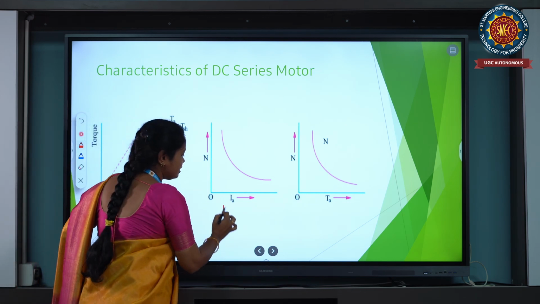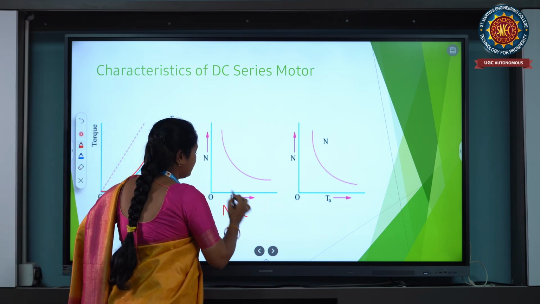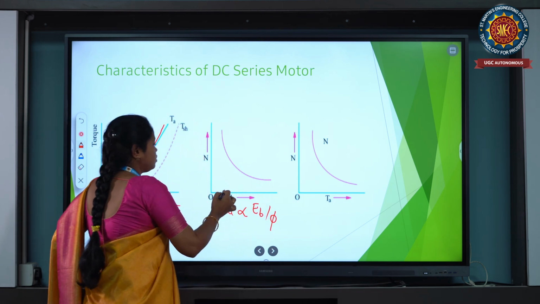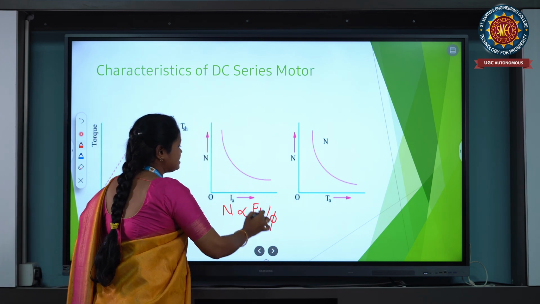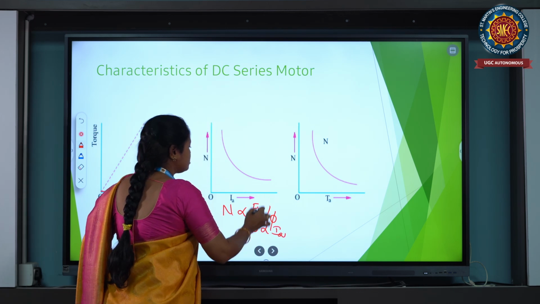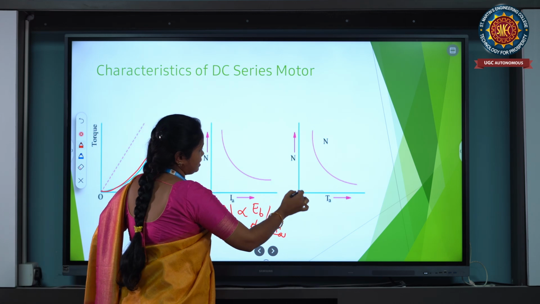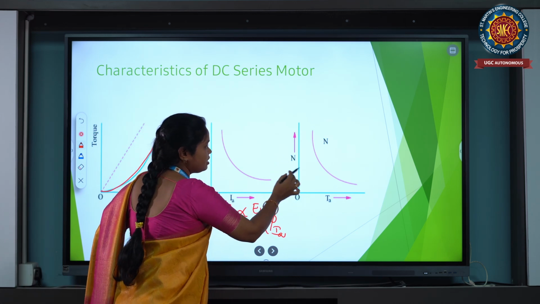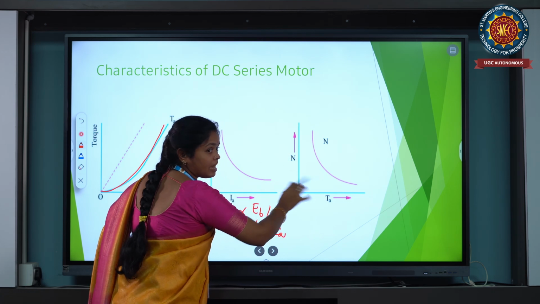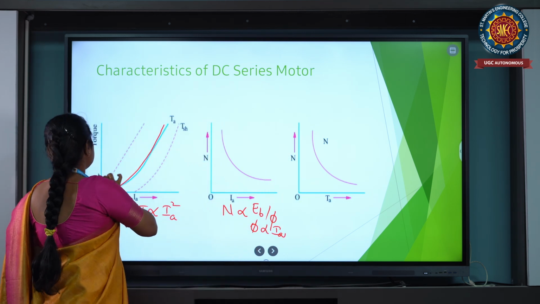And in this type of motor, N is directly proportional to Eb by flux, so when the current increases, the speed decreases. Similarly, the speed and torque characteristics are the same for series motors.